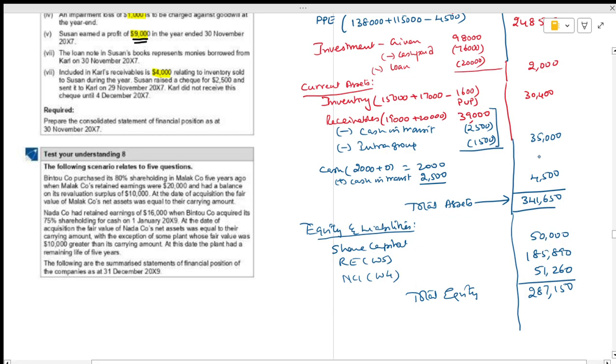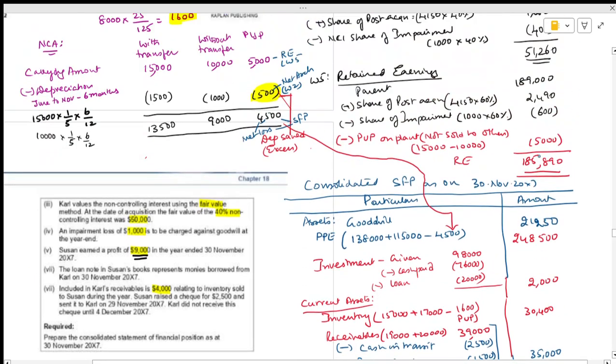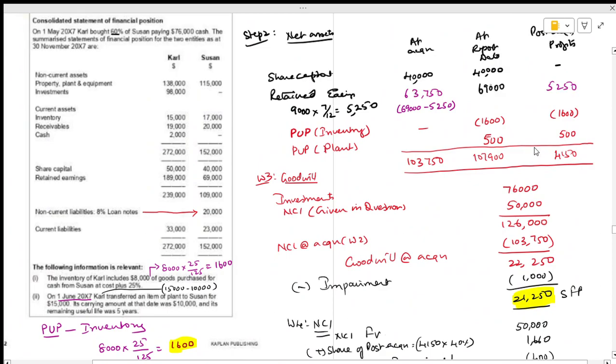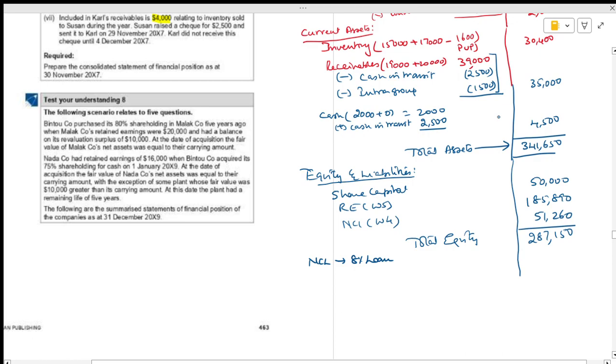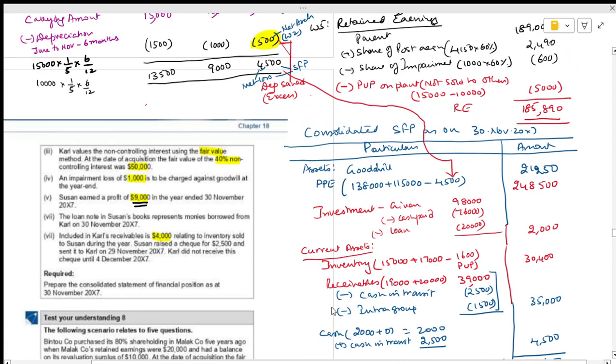Now, non-current liabilities. There is an 8% loan. Is it right? How much is the loan? 0 plus 20,000. It is 20,000. They have made the investment, the cost of investment. Which note?